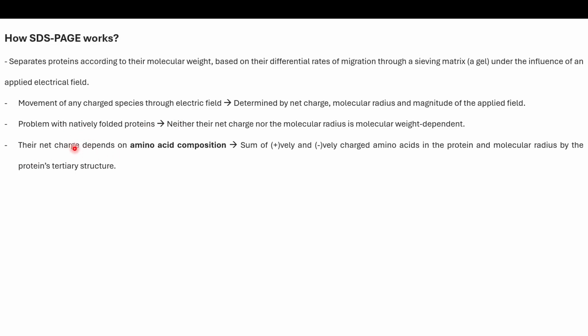Okay, for natively folded proteins, what actually gives them their charge is amino acid composition, owing to the R groups, the different kinds of functional groups. Amino acids can be positively charged, negatively charged, polar, non-polar, or have hydrophobic residues.